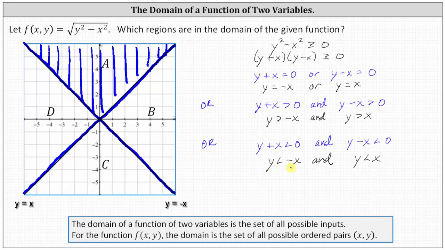To graph y less than negative x, we would shade below the line y equals negative x, which should be below this line here. And y is less than x, we would shade below the line y equals x, which should be below this line here. We're looking for the intersection of these 2 regions, which we can see is region C.